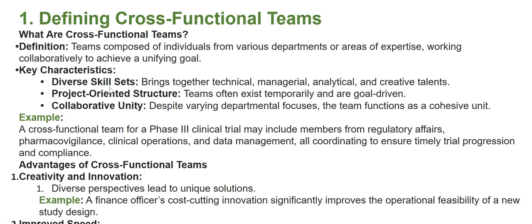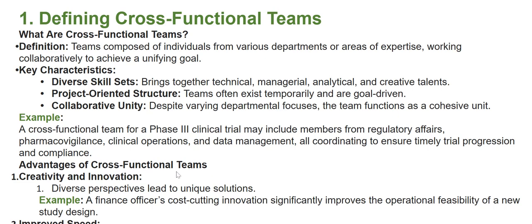So, diverse skill sets, project-oriented structure, and collaborative unity are the three key characteristics of cross-functional teams. Example: a cross-functional team for a phase 3 clinical trial may include members from regulatory affairs, pharmacovigilance (PV), clinical operations, and data management, all coordinating to ensure timely trial progression and compliance.